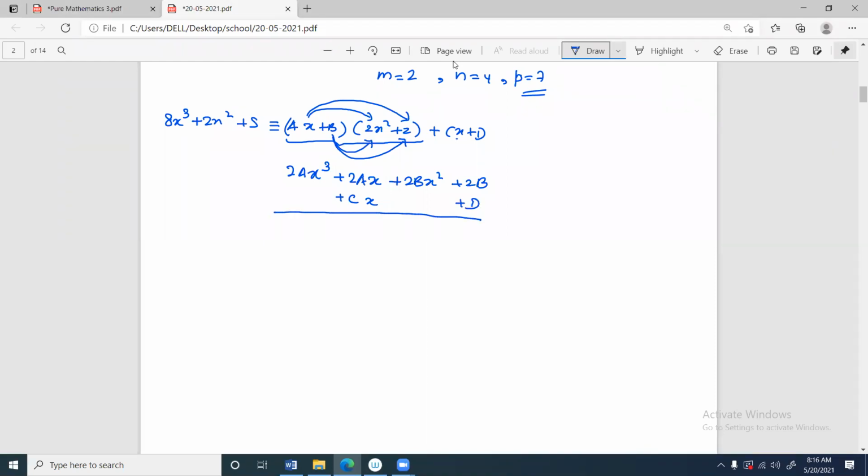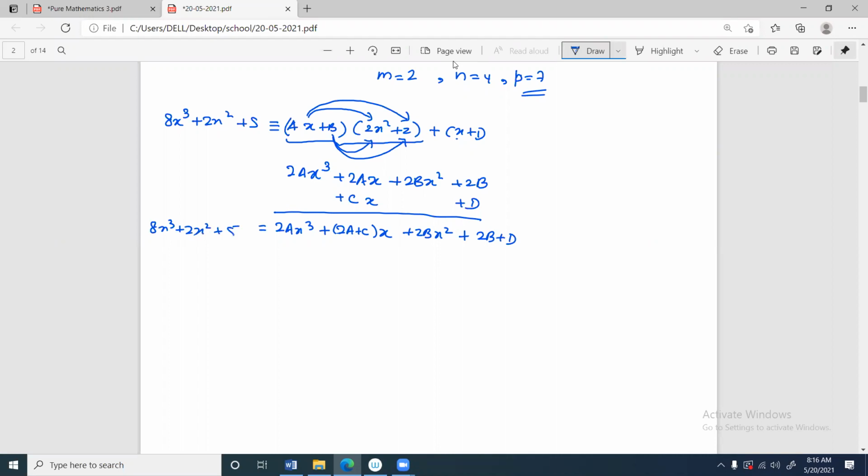What you get here is 2ax cubed plus 2bx squared plus (2a plus c)x plus 2b plus d. It's not a must to write in order. It equals 8x cubed plus 2x squared plus 5.